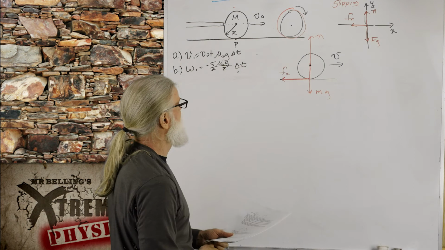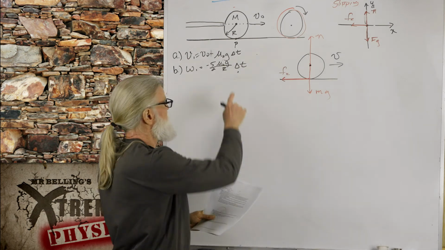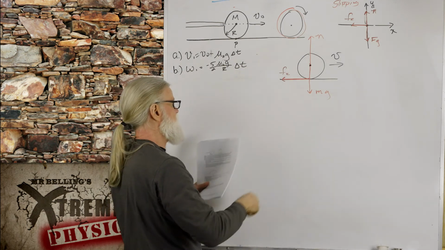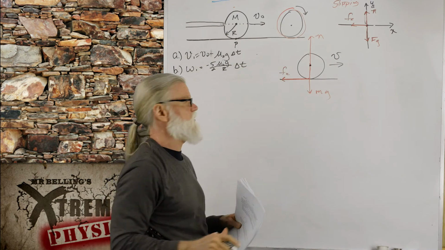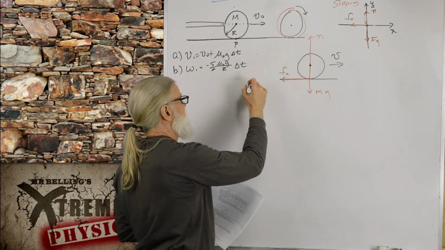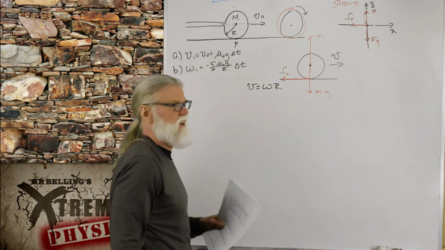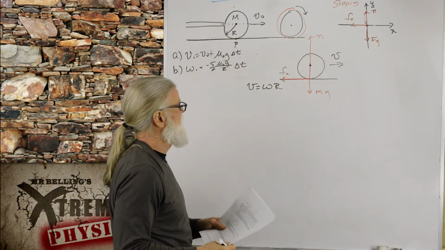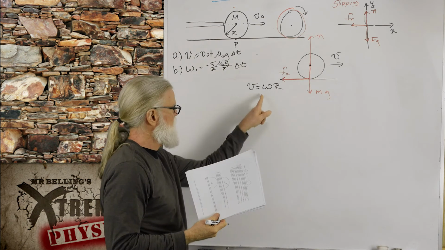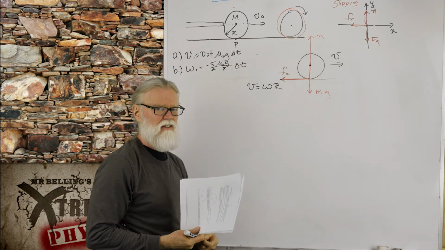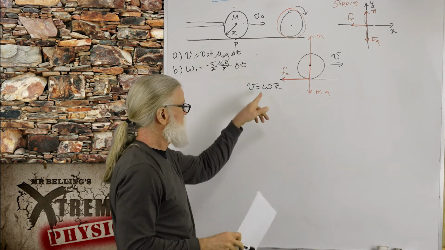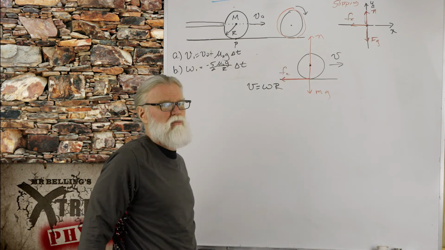Well, number one, if it's rolling without slipping, hopefully you picked up on this right away, v equals omega r. V equals omega r when it's rolling without slipping. So this is going to be true. But we need more conditions than that, because there's a whole bunch of times when it's like that.